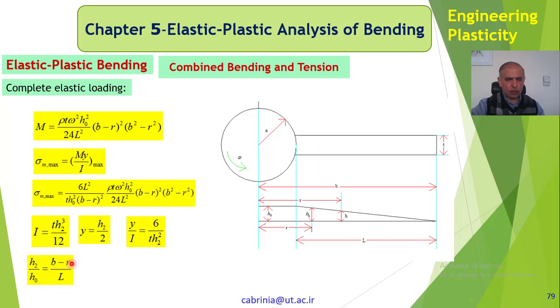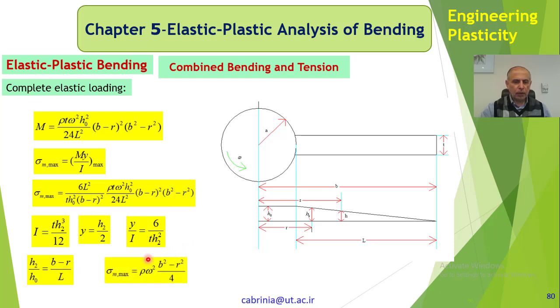Also h2 over h0 is b minus r over l in these two triangles, this big triangle and the other one. h2 is the base here, h0 is the base. So from these two triangles, we can write this relationship and use it in this equation.